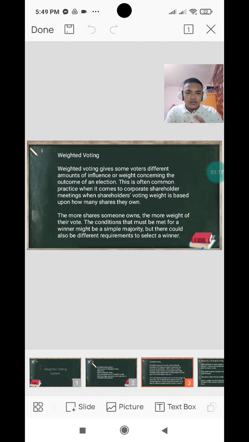The more shares someone owns, the more weight their vote has. The condition for a winner might be a simple majority, but there could also be different requirements to select a winner.